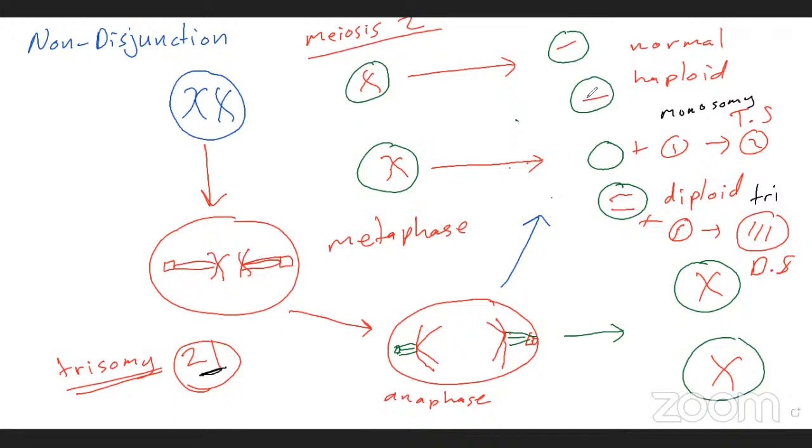One. Right. And if a cell with 2 chromosomes fuses with a haploid cell, how many would be in that new cell? 3. Right. So trisomy goes up by 1, and monosomy is when it's empty and fuses with a haploid one, so it decreases by 1.